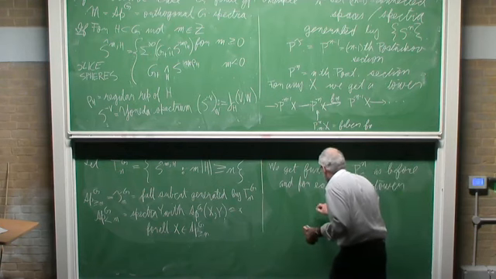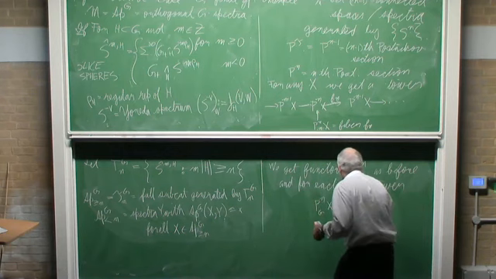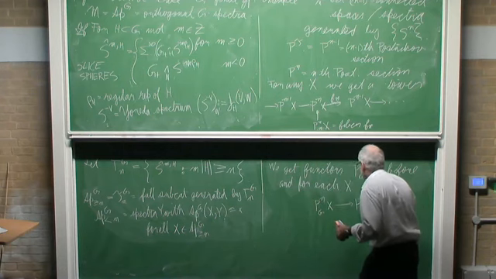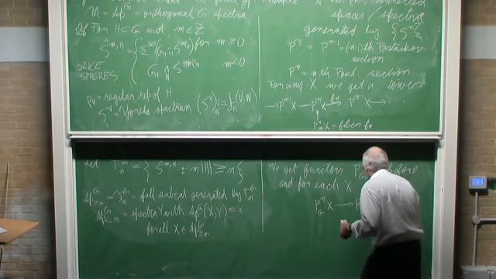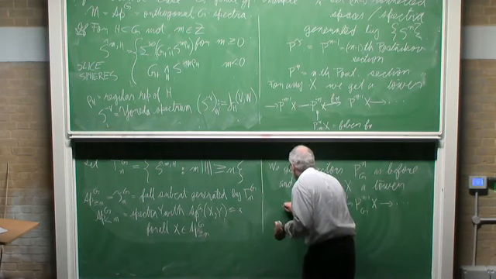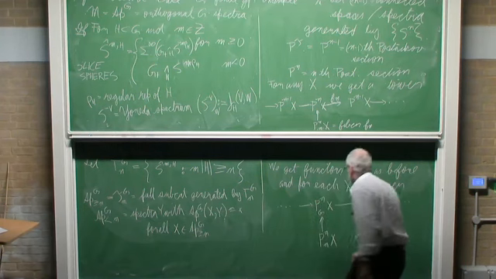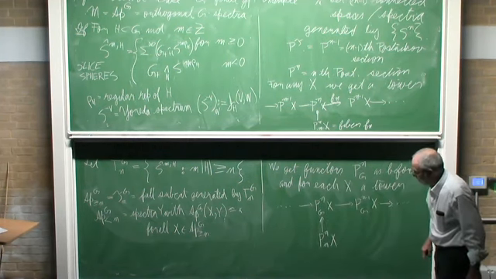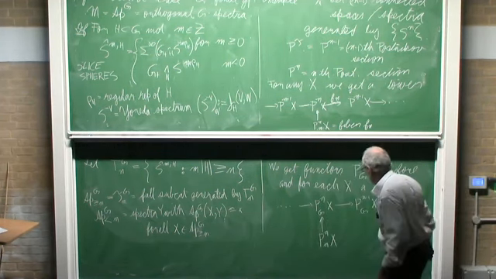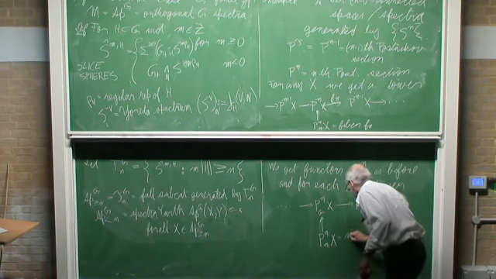Each x has a tower. And then you can take the fiber of this map, and I'm still going to call that Pn of x. I run out of room to put the g unless I want to put it over here. Anyway, this is the nth slice of x.